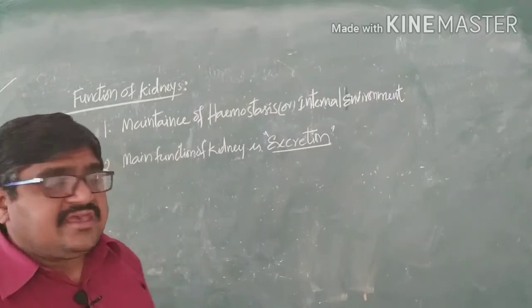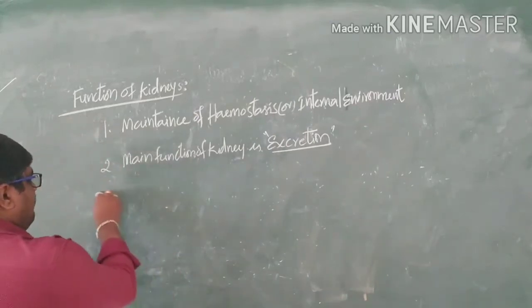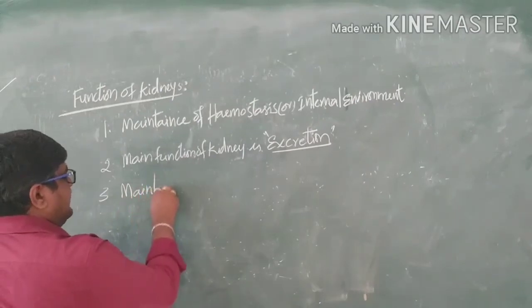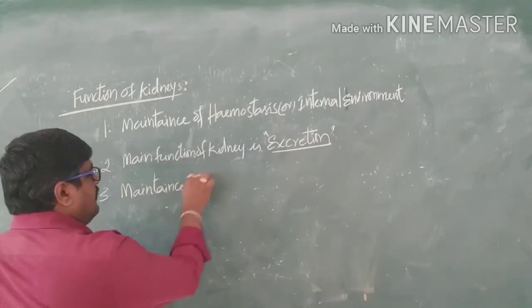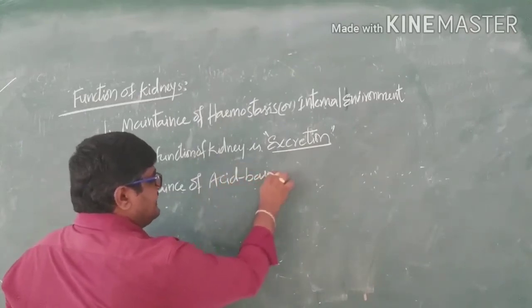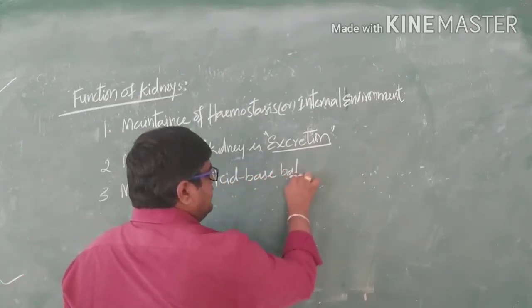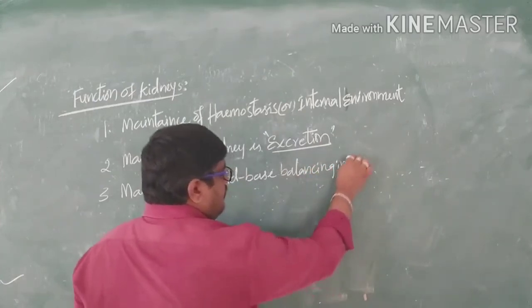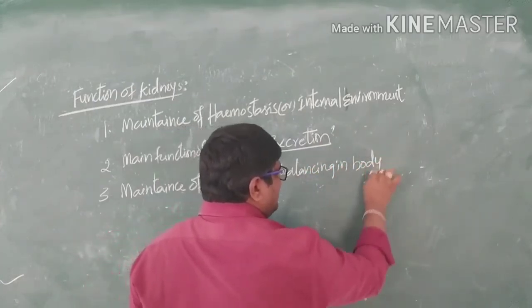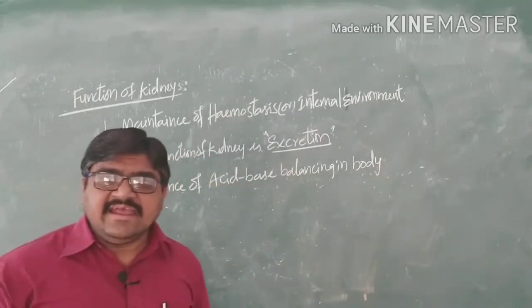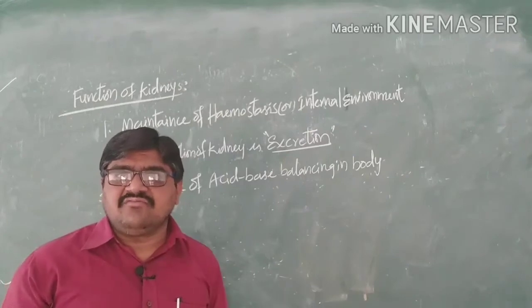And also here it is helpful for the maintenance of acid and base balance in the body. That means excess acids and bases which are present in the body are eliminated or excreted outside from the body.